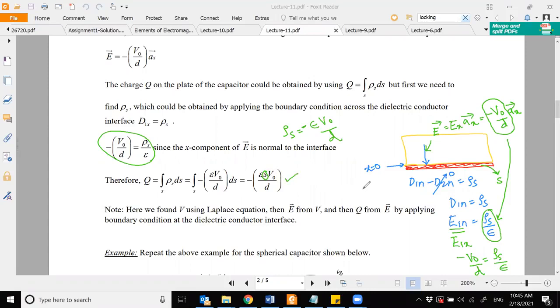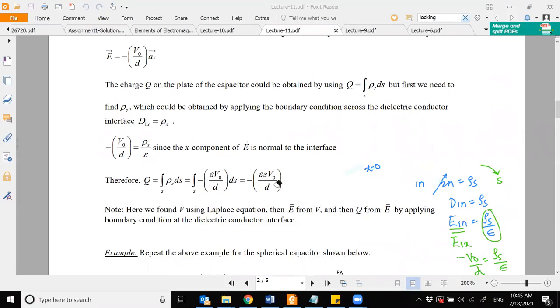And this is what we have seen in our previous example, that the charge Q is minus epsilon S V0 over d. So this is my charge Q. Now you can find the capacitance in whatever way you like.